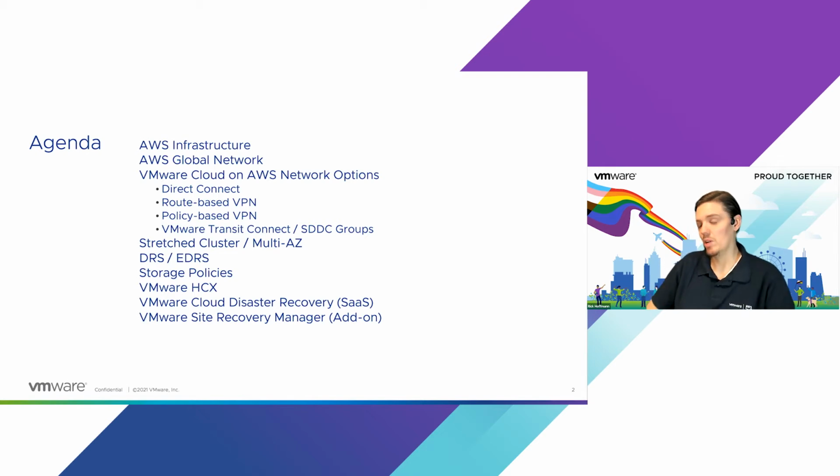We're touching on the DRS and EDRS options, and very briefly some storage policies. Just highlighting here, in the next session in January, on the 11th, I believe it is, we are going to talk about vSAN in VMC, and we're going to elaborate on DRS and storage policies in more detail. We're also touching on HCX today, as well as the VCDR offering we have and Site Recovery Manager.